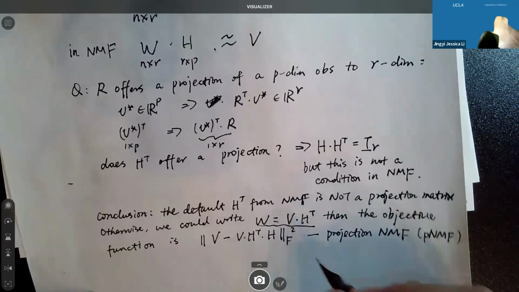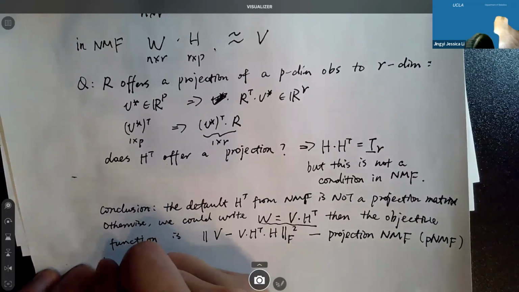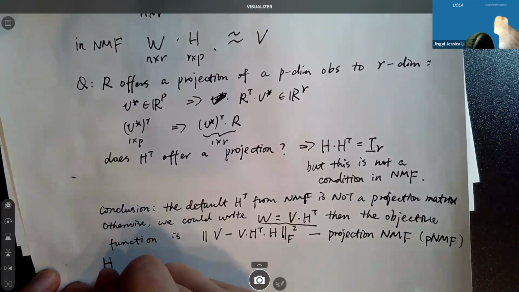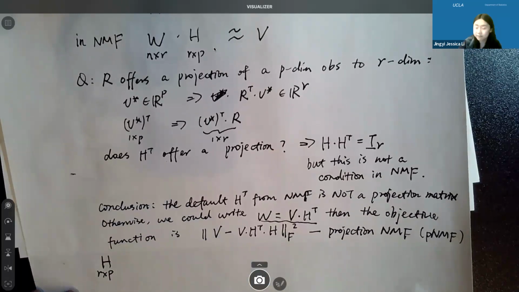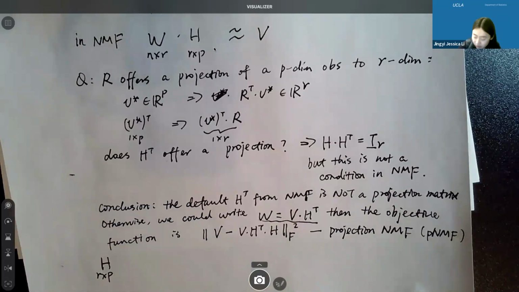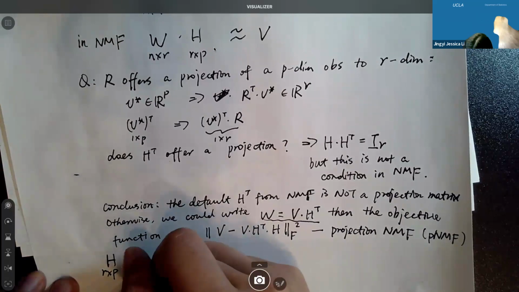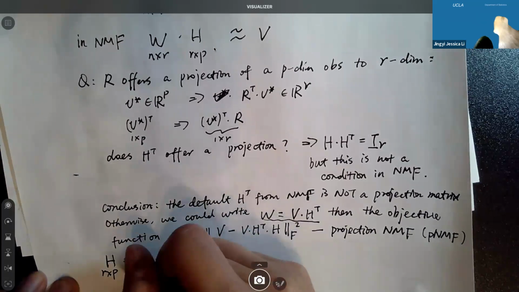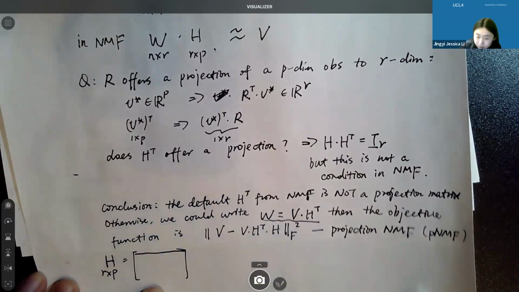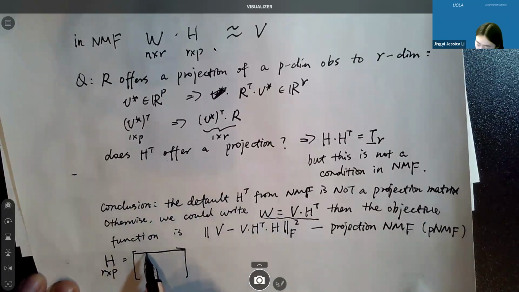So in this case, you can see the H matrix, which is R by P. By being very sparse, for each row, just as in the 1999 Nature paper, we can see which original features have non-zero loadings.